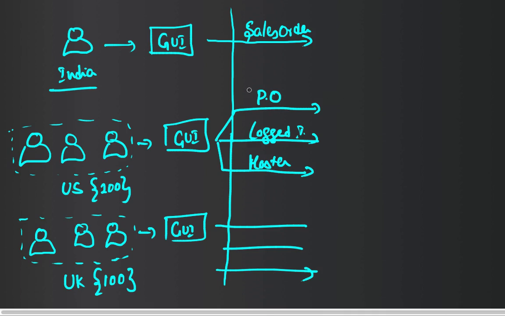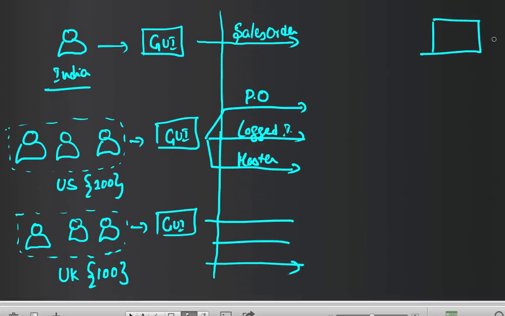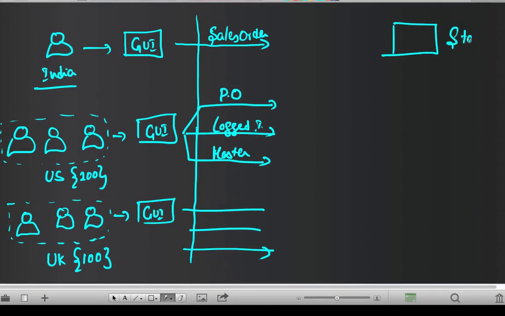And for each user, the server has to maintain what's called a status, where the server is going to store a whole bunch of data, and this is called user data. There are some technical terms for it, like roll area and all that, but we're not interested in that part.